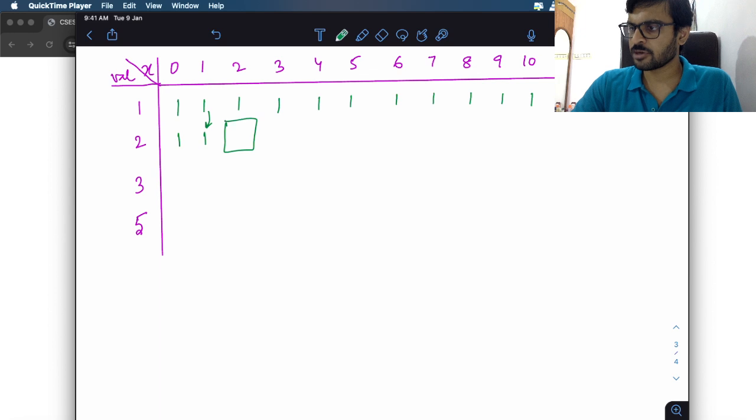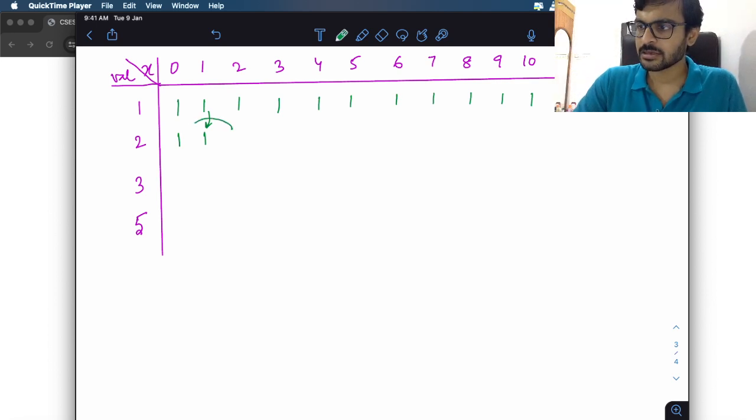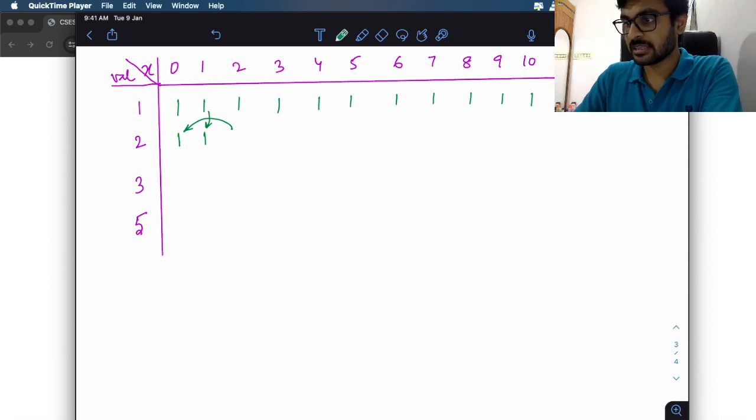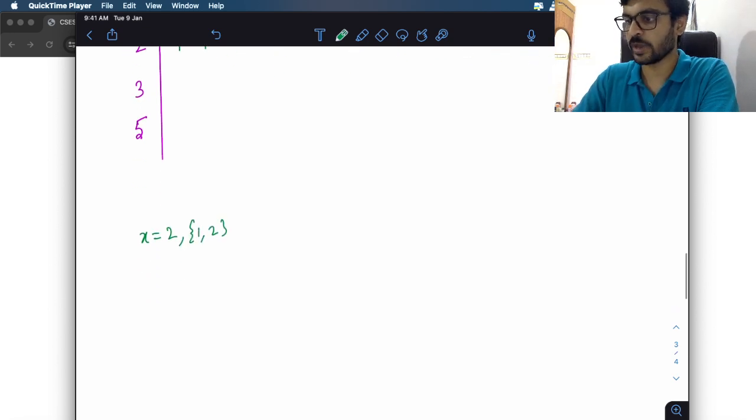At this stage, for 2, either you take 2 or you don't take 2. If you take 2, then you can basically keep taking 2. So for x equal to 2 and using 1, 2, there are 2 ways.